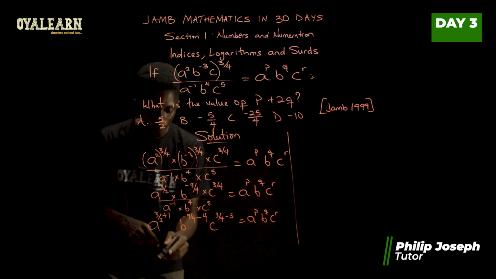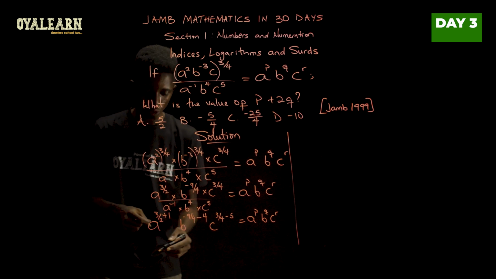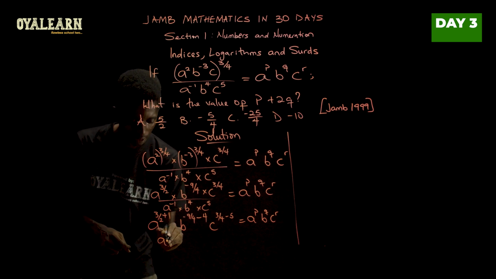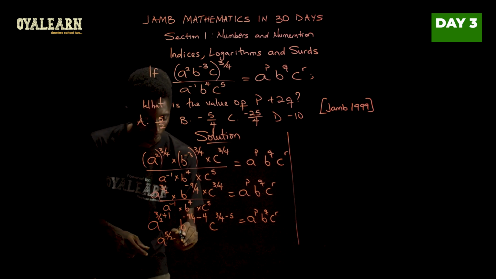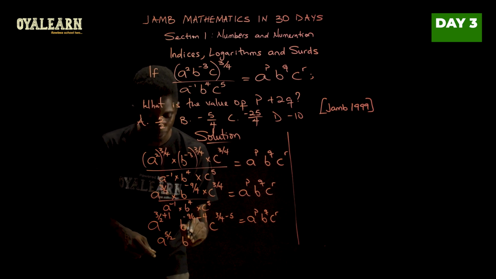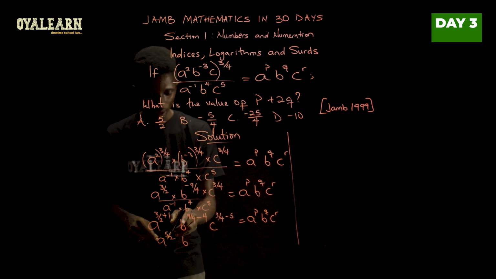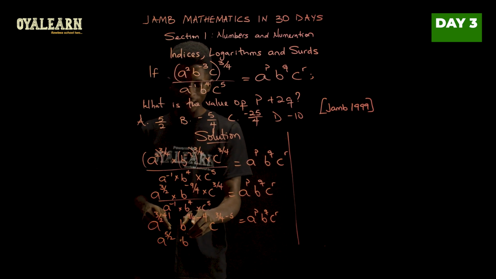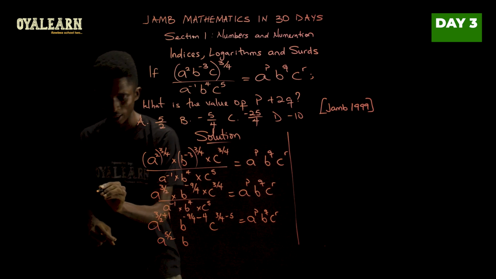Now let's tidy this up. 3 over 2 plus 1 would give us 5 over 2. Then here we have b. Now minus 9 over 4 minus 4, let's do that here.